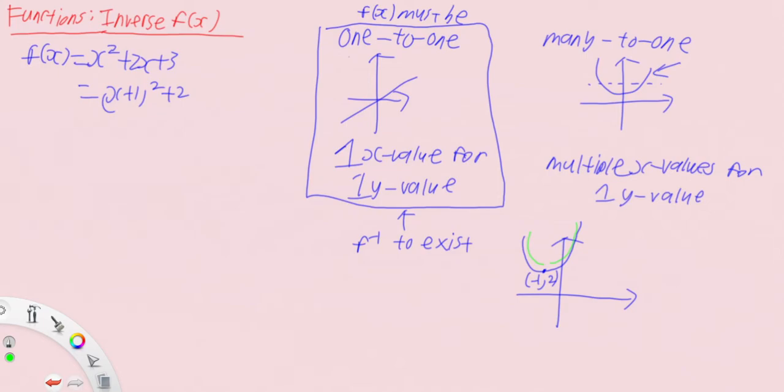So for this example, we limit our domain to x less than -1. Because x is less than -1, we know that it's a one-to-one function. When we already worked out the inverse, it gave us -1 plus or minus root (y minus 2).